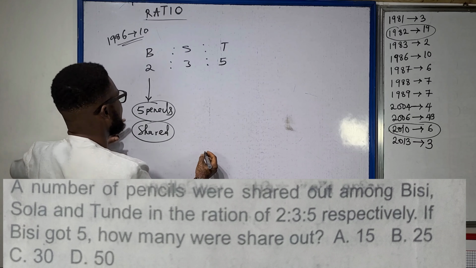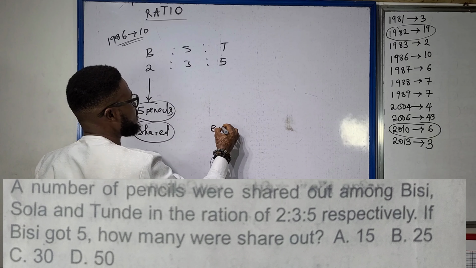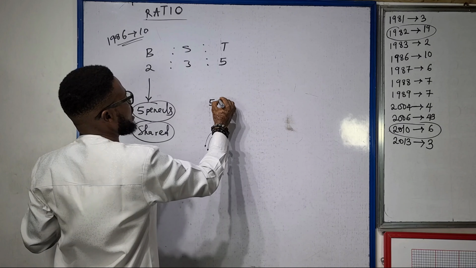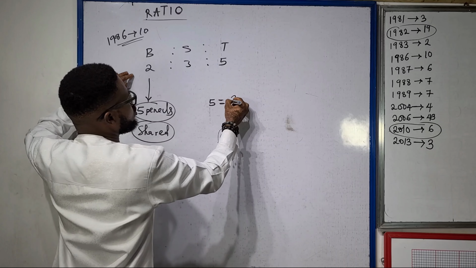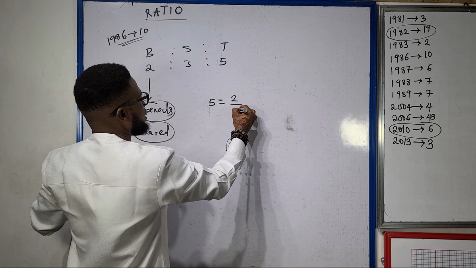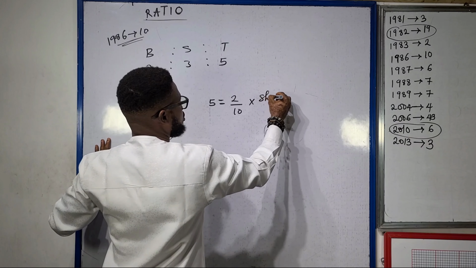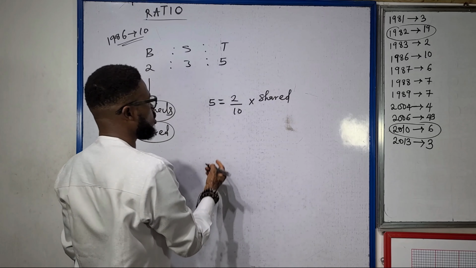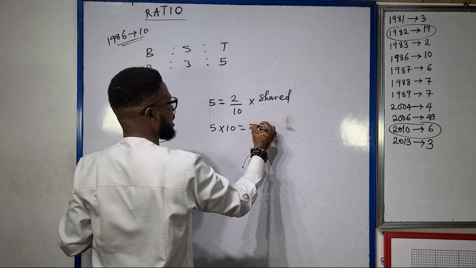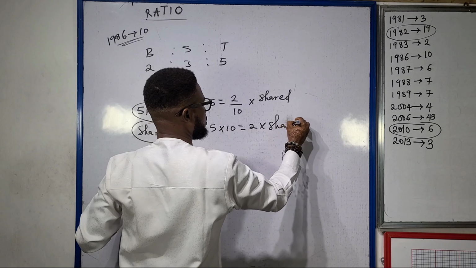Very easy stuff. Since BC got 5, and how BC got 5 was 2 out of the total of 2 plus 3 plus 5, 10, times the number of pencils shared. So what you have here is 5 times 10 equals 2 times the pencils shared.